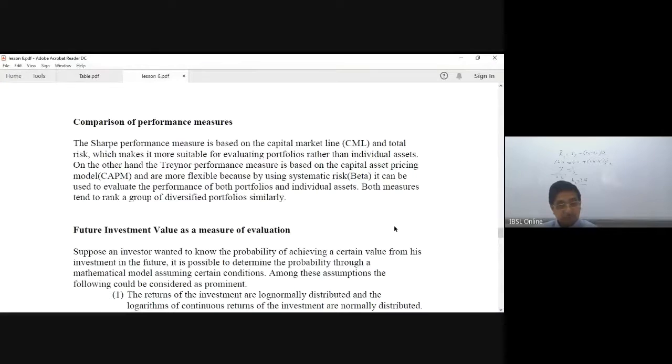Now, this is what I need to tell you with regard to these comparisons. You can go through these things, and if you find any other literature available on this, go through that also. Then you can have a good understanding about these two measures.